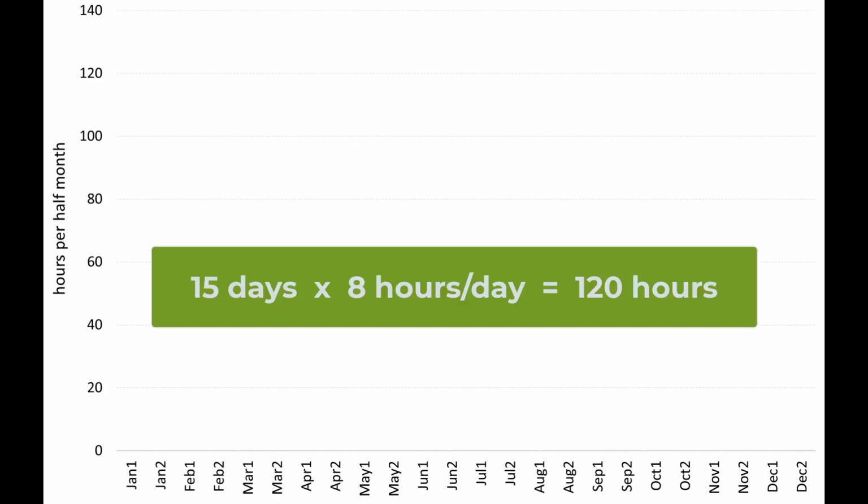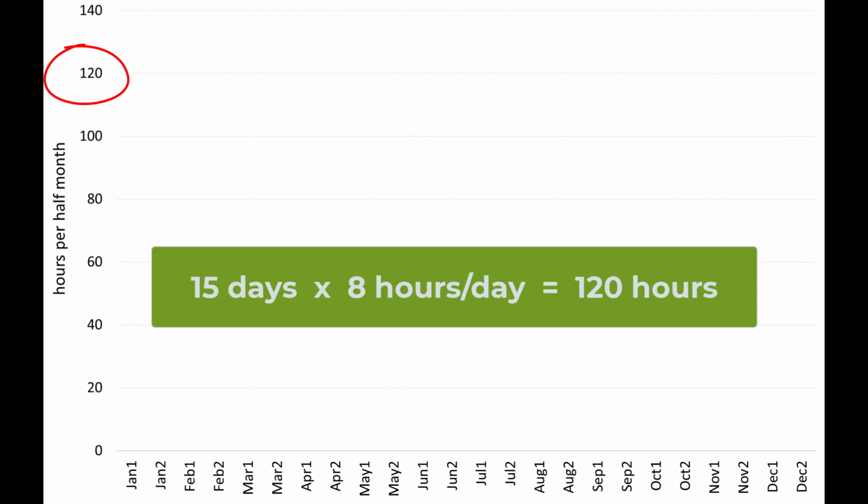So if you now imagine what the time capacity would be if we had the same capacity throughout the year, let's say 15 days in a half-month period times 8 hours every day, that would equal 120 hours in each and every half-month period.